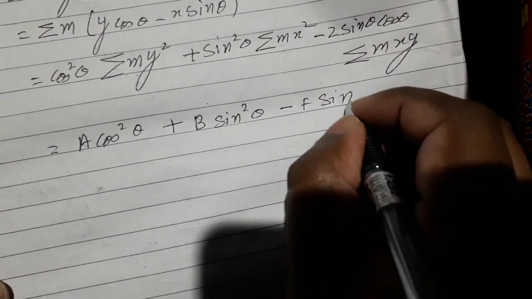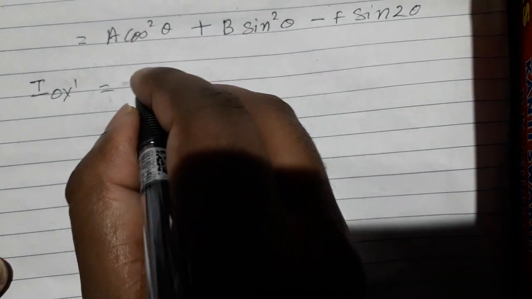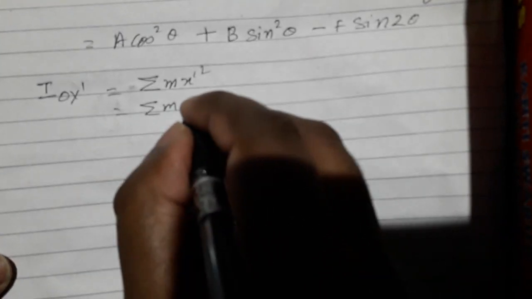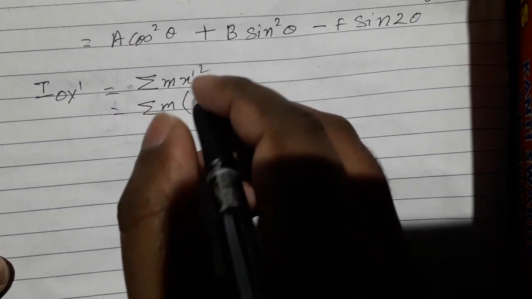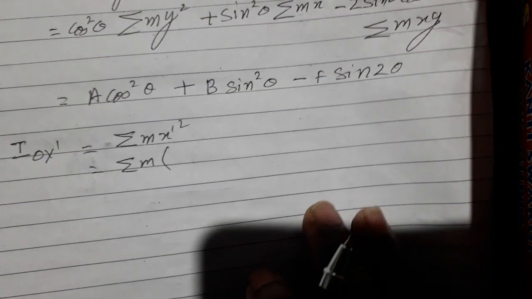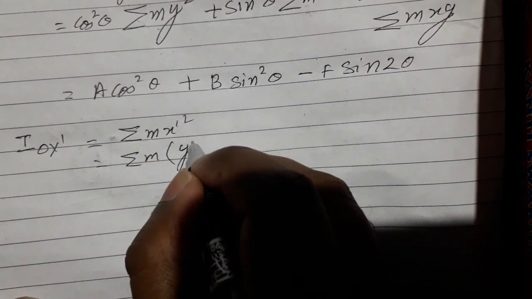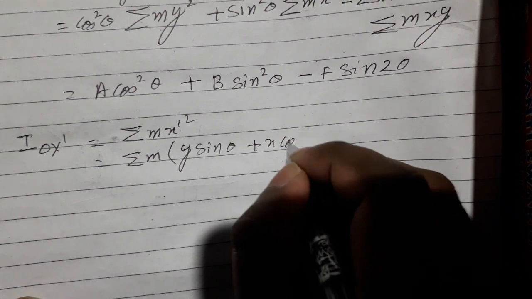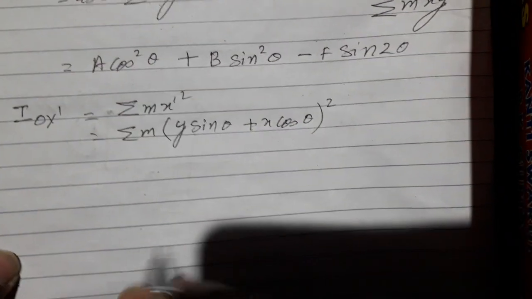sine 2 theta. Now we'll find the moment of inertia about the OY dash axis. That is given by summation m x dash square, where x dash we got as y sine theta plus x cos theta, whole thing square.